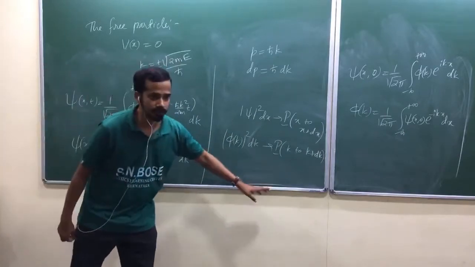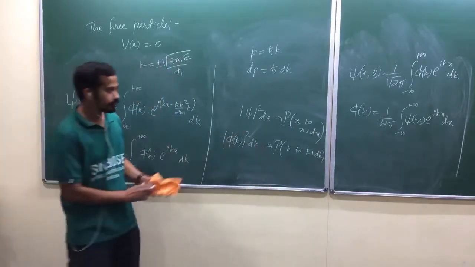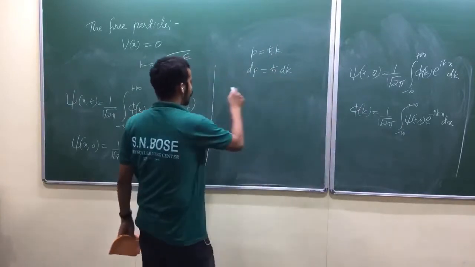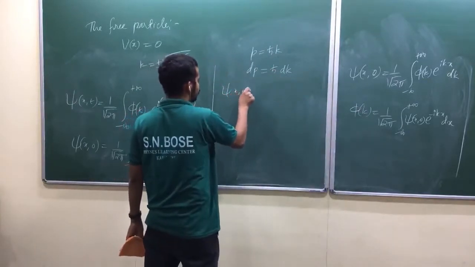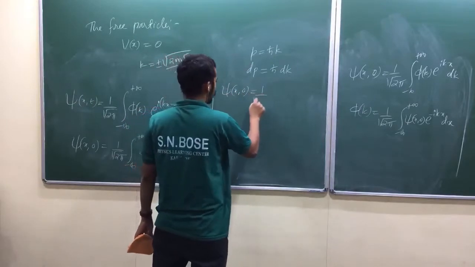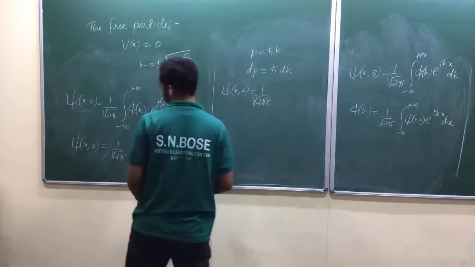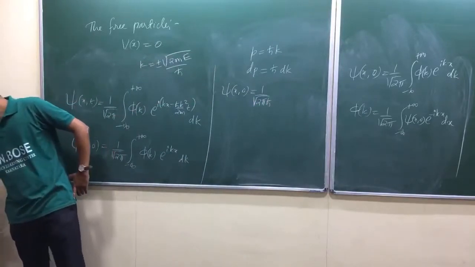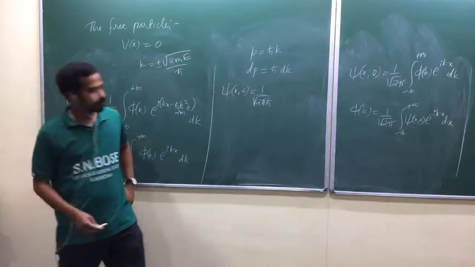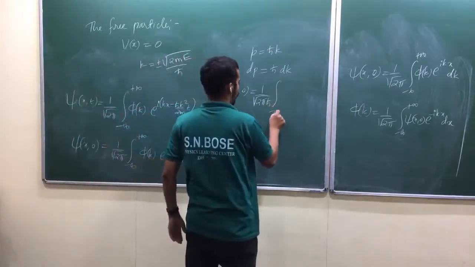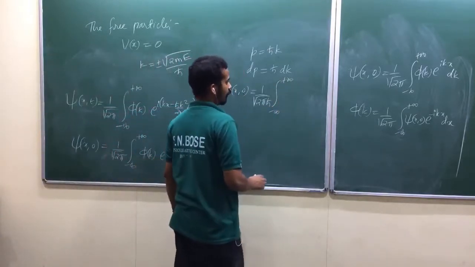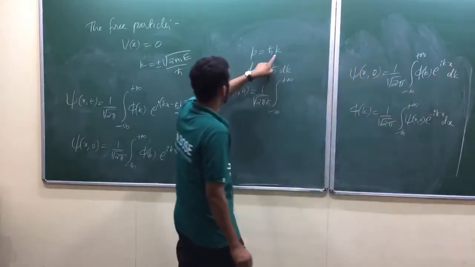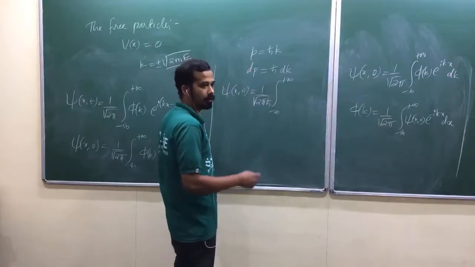Or write it in a sentence. Wait a second. You can write the same thing, 1 by root of 2 pi h bar. See Zettili book, first chapter. I mean, you can convert that one in terms of momentum. You can write k as p by h bar, isn't it?